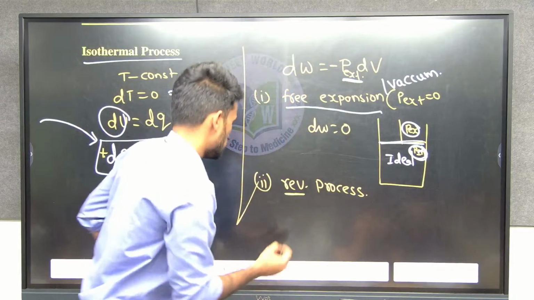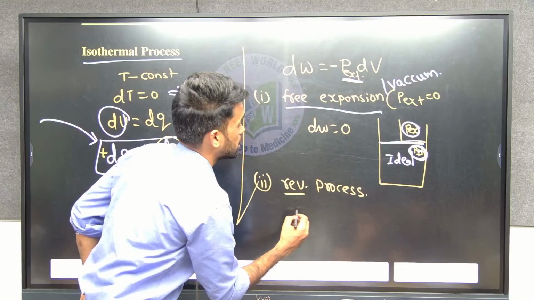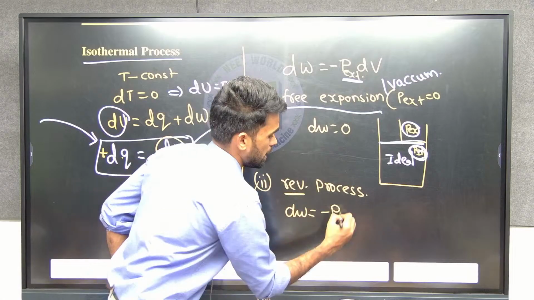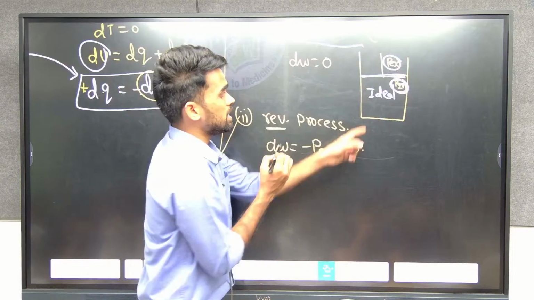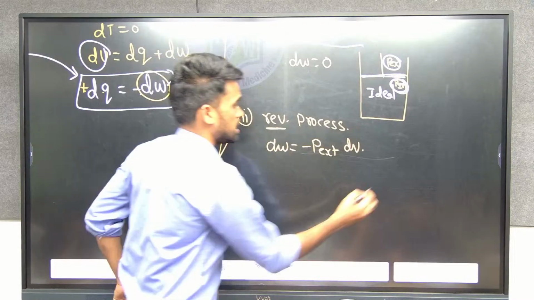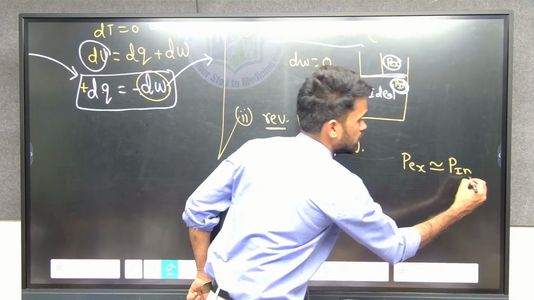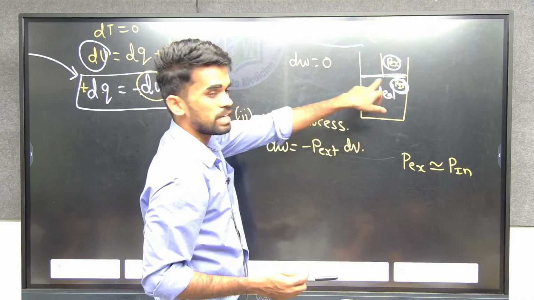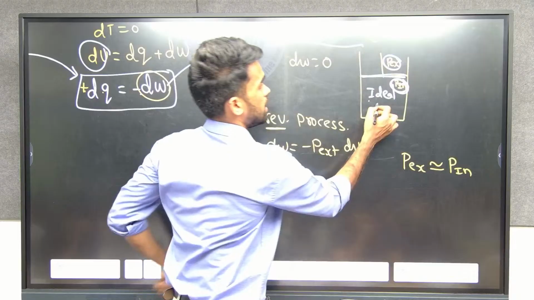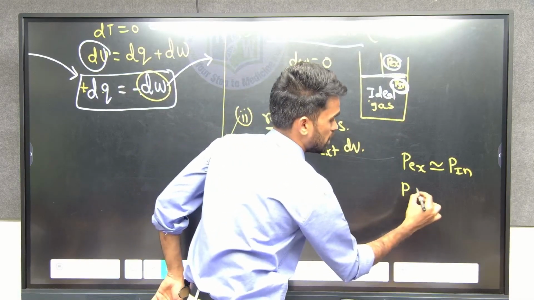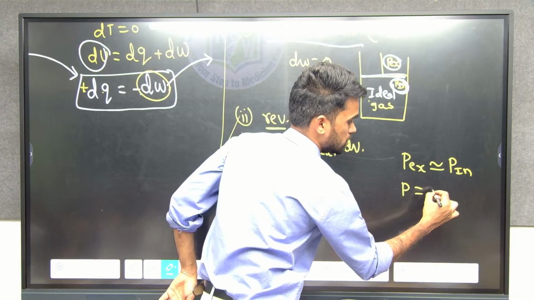Okay. So now dW equals minus P external dV I am writing. Whenever I say reversible, the external pressure and internal pressure are almost equal. We are taking an ideal gas inside, so from the ideal gas equation PV equals RT, can I write P as RT by V?